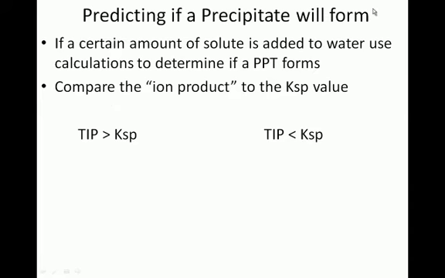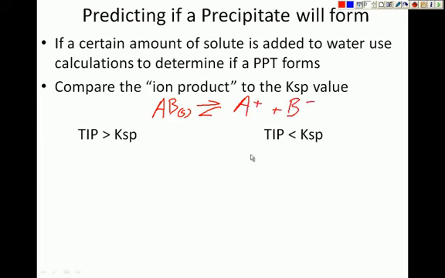So if a precipitate forms, like when you have say AB solid, it forms an equilibrium and makes A plus and B minus. If we multiply at equilibrium the concentration of A plus and B minus together, what we'll get is a value that is known as Ksp.